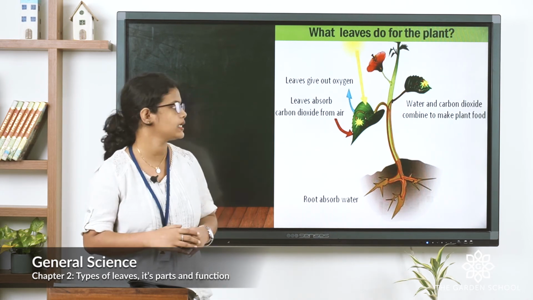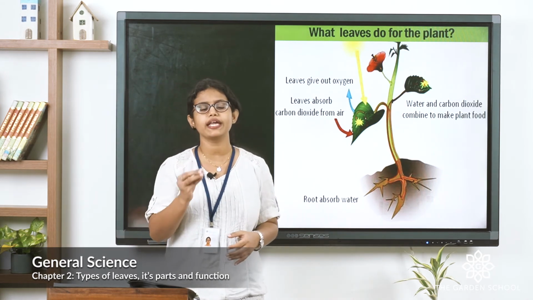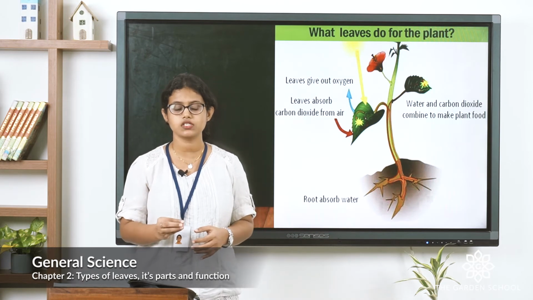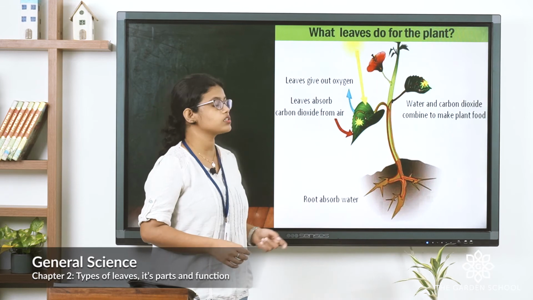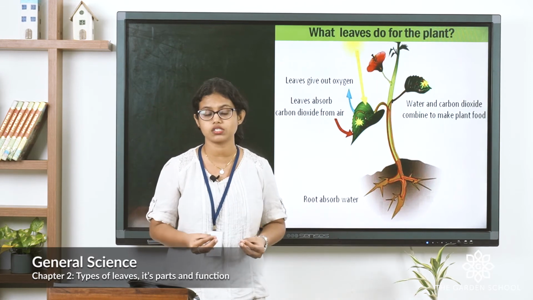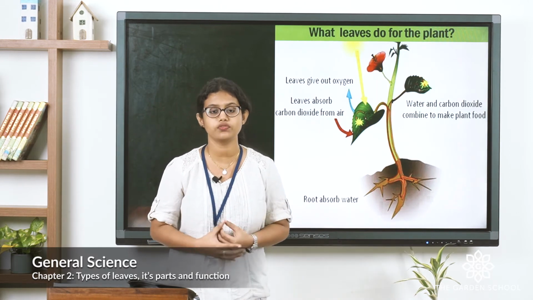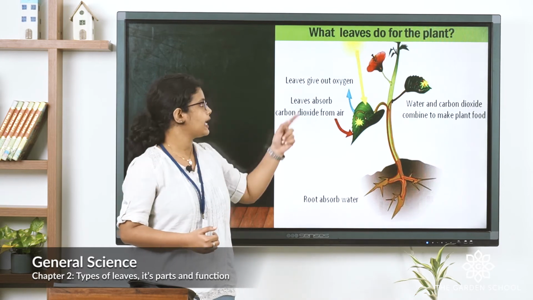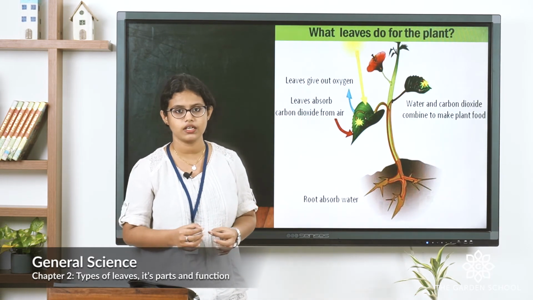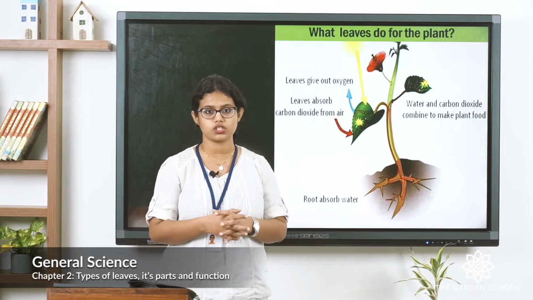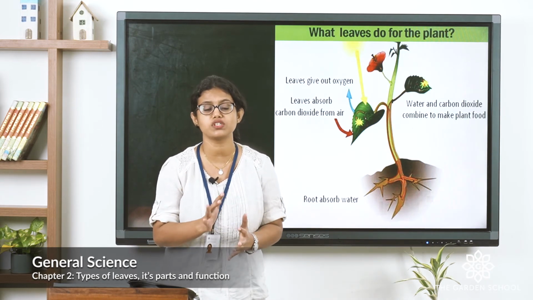So let's see that. The process of making food by the leaves is called photosynthesis. First, the leaves need carbon dioxide and water to make food. The leaves absorb carbon dioxide from the air and release oxygen. Here is the main function of the stomata.